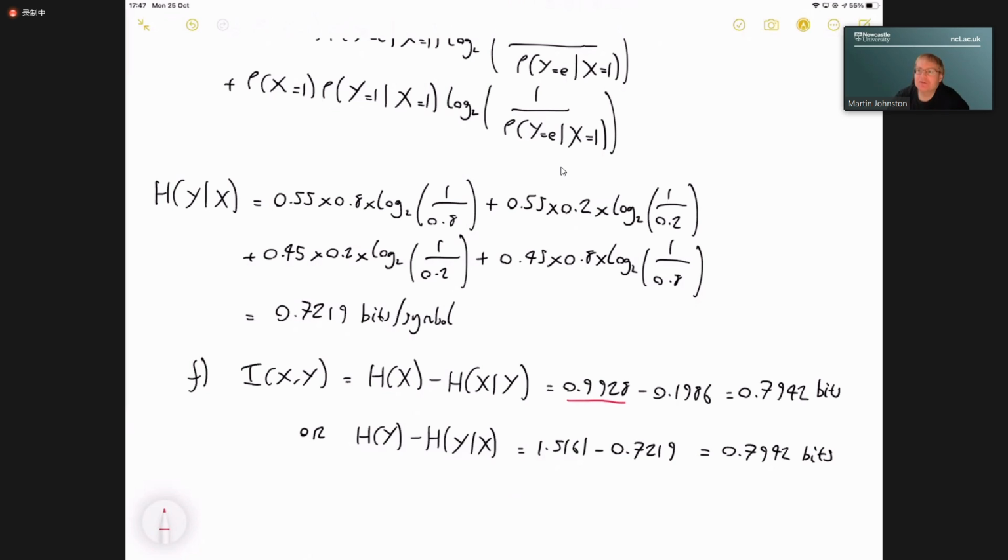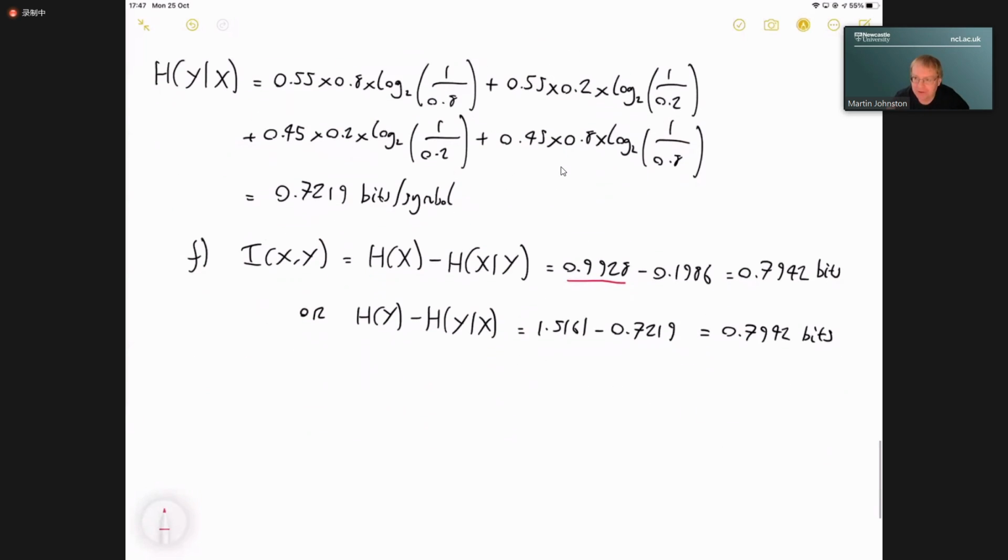The reason is because the channel is not harsh. The probability of a bit being erased is only small, it's 0.2. So basically 80% of the bits go through. So in that case, a lot of information is transferred across the channel. If P was higher, then less information will be transferred across the channel because it's a harsher channel.